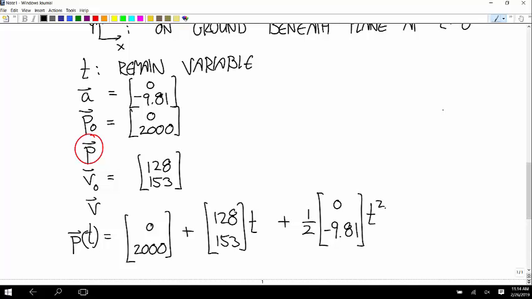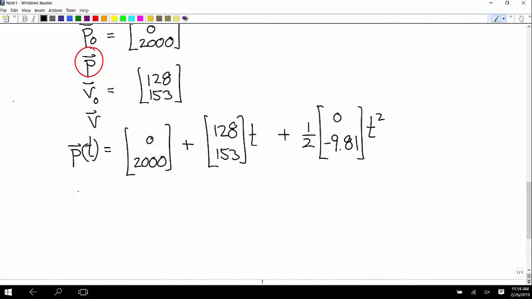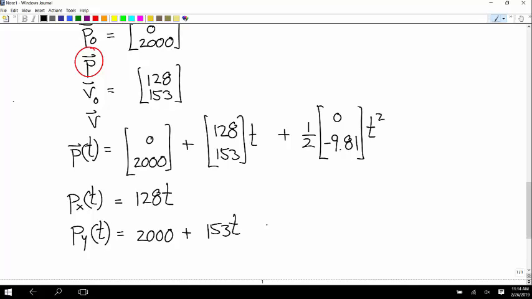t squared. And you can write it as a vector equation like that, or write it as two separate equations. You can also think of this as px as a function of time is equal to 128t. Py as a function of time is equal to 2,000 plus 153t minus 4.905 t squared.